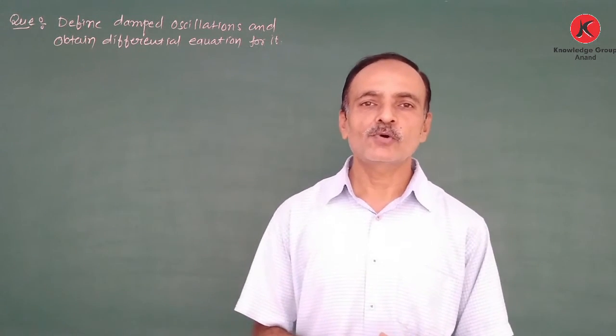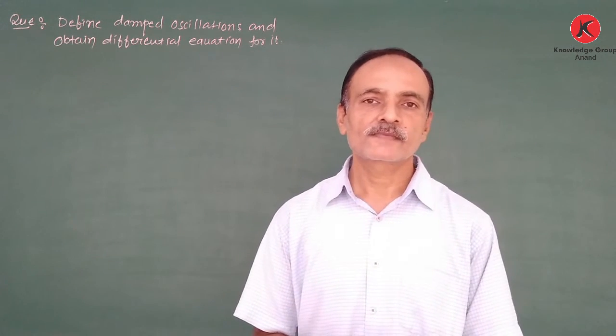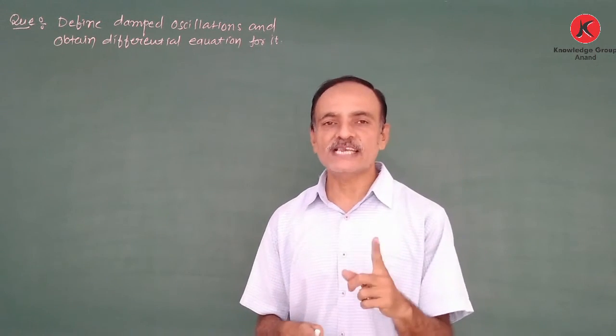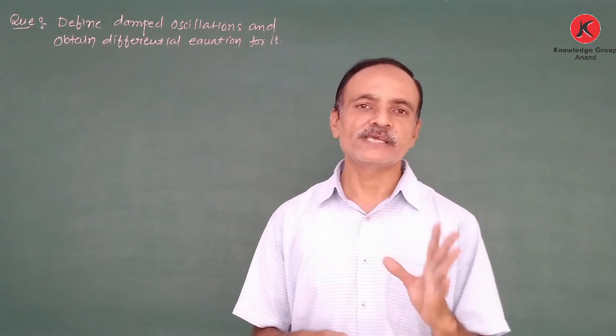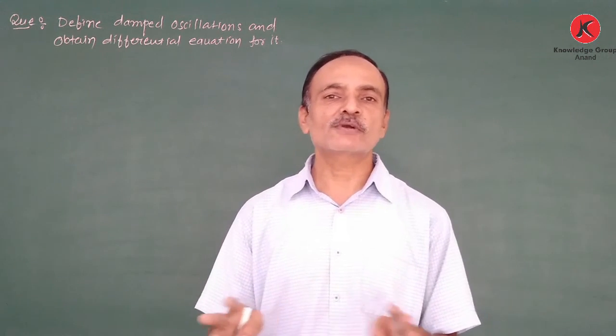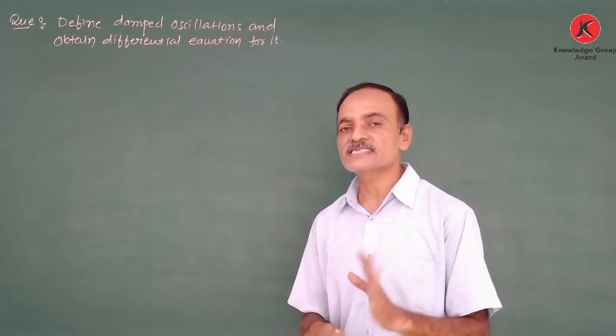Any oscillation always takes place in some medium. Therefore, the resistive force always acts on the oscillating system or body. So pure simple harmonic motion does not actually exist. That is the ideal situation.